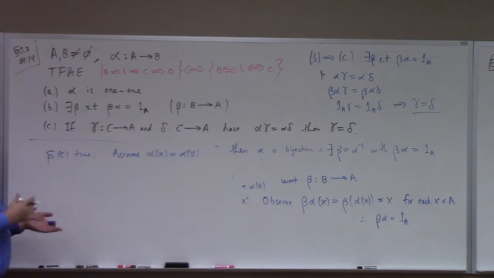Our goal is to show x equals y. If we can do that, we've shown that alpha is 1 to 1. I am given that C is true. So in order to use C, I have to come up with maps gamma and delta, right? Which somehow involve these points x and y. Where are the points x and y?